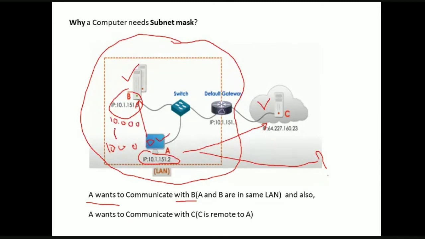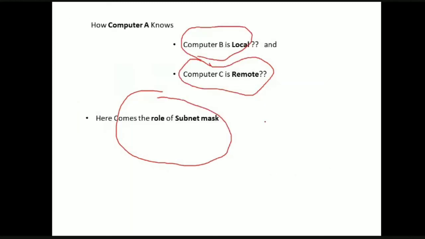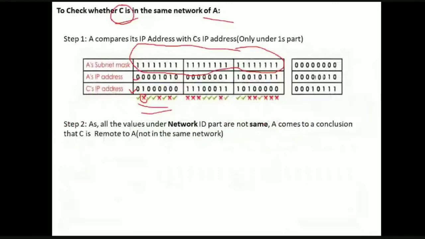Now it comes to the conclusion that as both the network IDs are the same, both A and B belong to the same network. This is how we can compare IP addresses and come to know whether a system is local to the network or remote to the network.